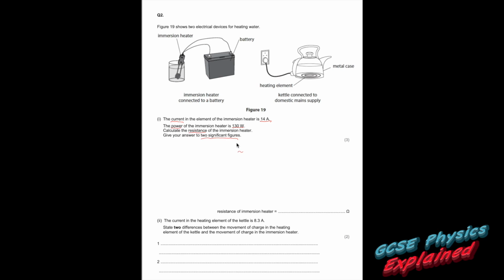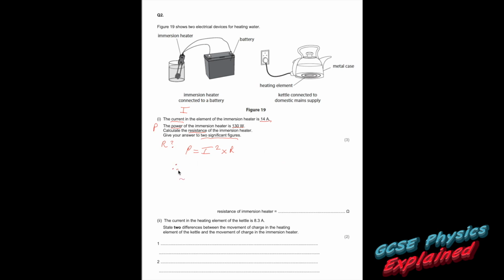I always like to underline things that are important. So we know the current, we know the power, we need to calculate the resistance. Is there an equation that links those three things that you're supposed to know? Yes, there is. Power equals I squared R. Now we need to rearrange that.